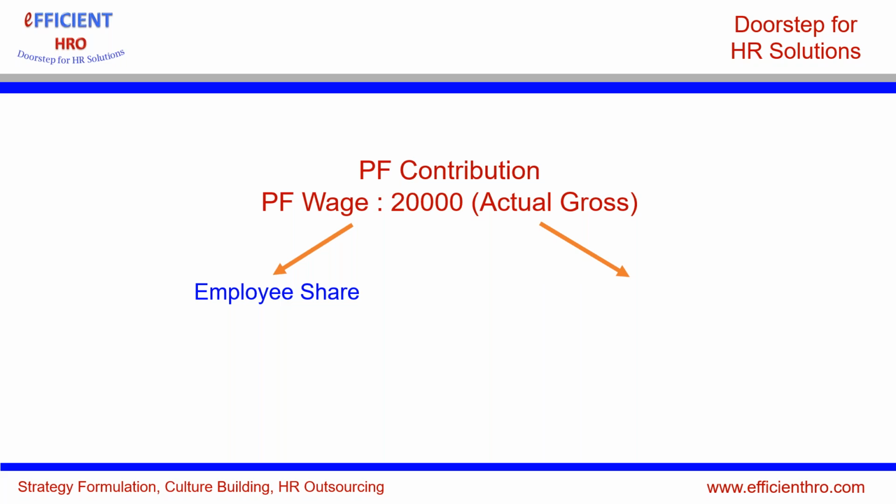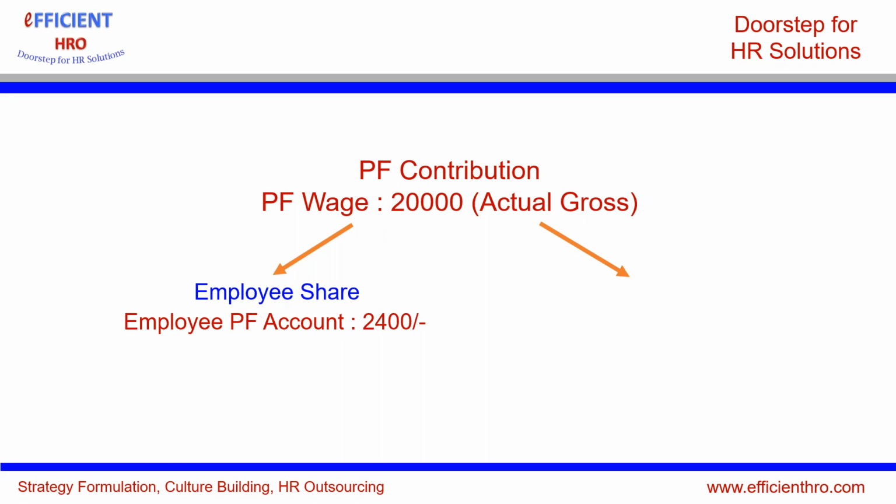Employee: we discussed that 12% is the employee share. 12% of 20,000 will be 2,400. It will go straight away to the employee PF account.